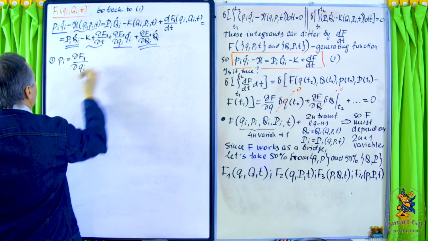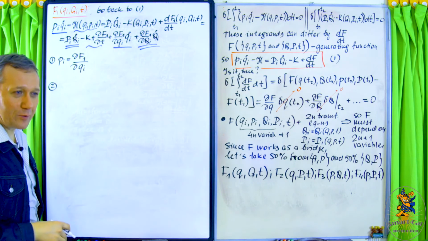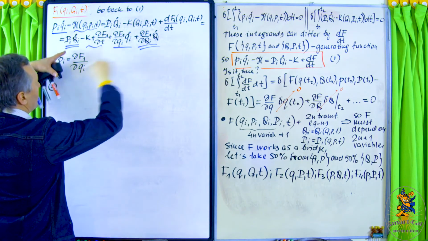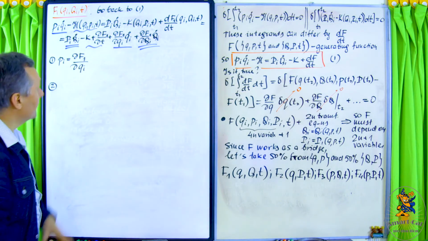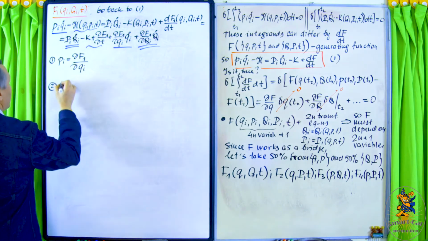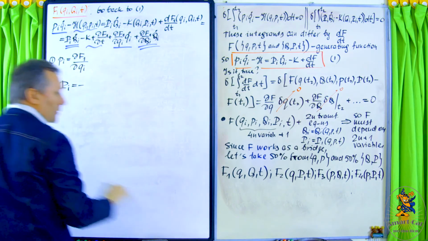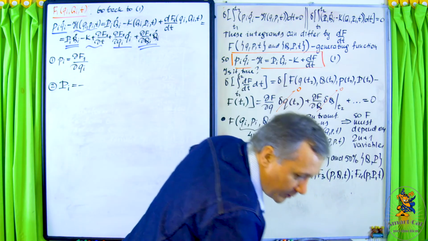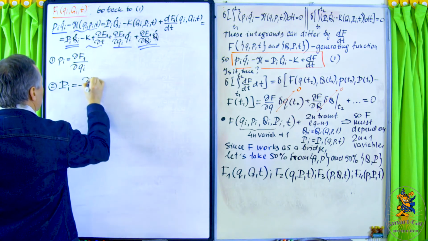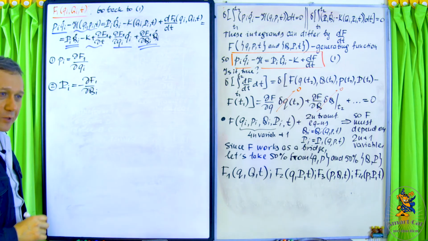Then, second equation. The class is almost over, so I don't have to save space. You see these two terms on the same side of the equation, so this must be equal to that, but with minus. So it will be P_i equals minus partial derivative of F1 with respect to Q_i. So that's the second equation.